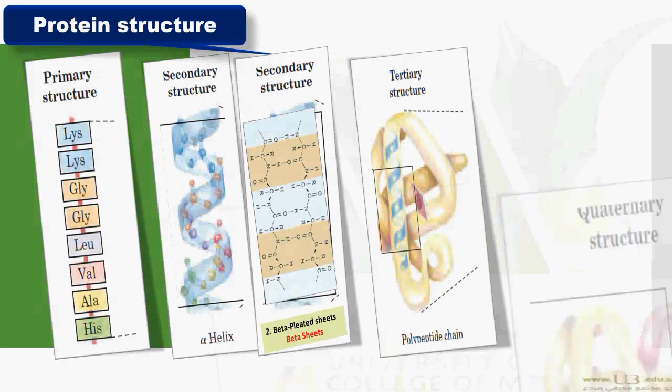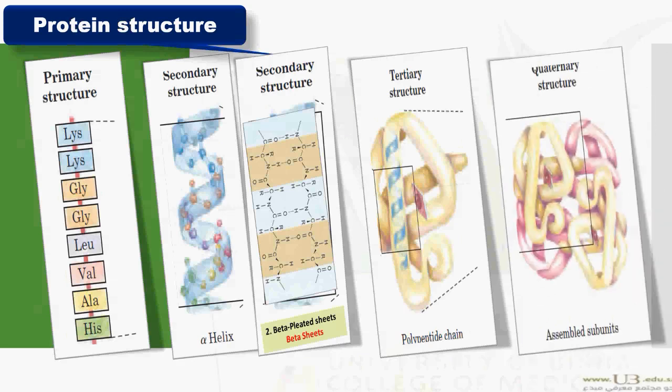The quaternary structure, as I said, is a higher level of the protein structure, where you have multiple polypeptide chains. It can be 2, 3, 4, or even more than that.